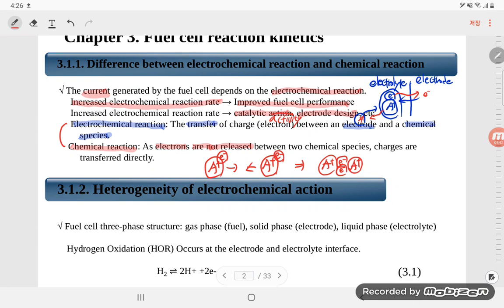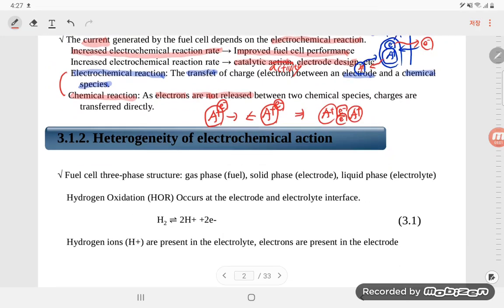Okay, this is the chemical reaction, and this is the electrochemical reaction. So the released electron, we can use for useful work.